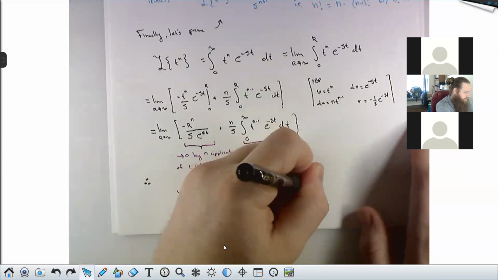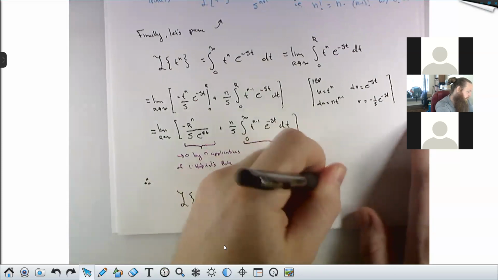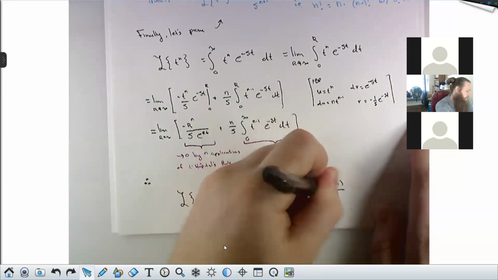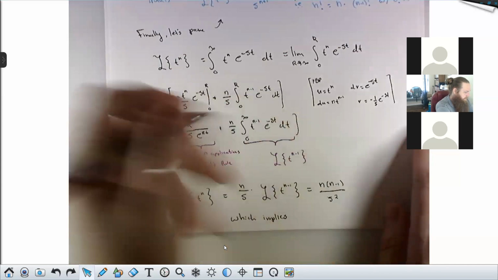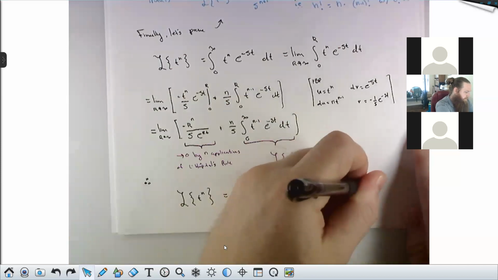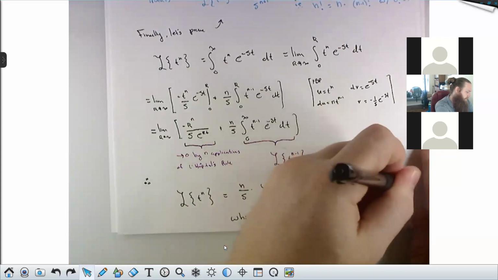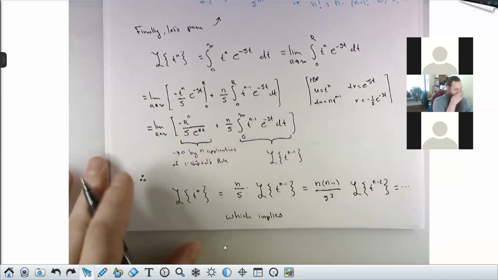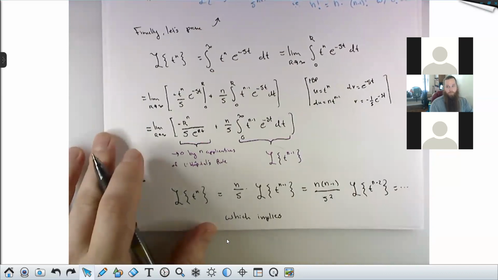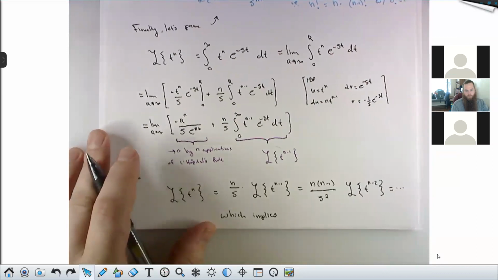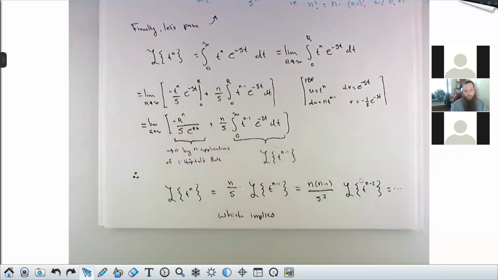So here, this would be n times n minus 1 over s squared times the Laplace transform of t to the n minus 2, and so on. So every time I bring this power of t down by 1 inside the Laplace transform, the old power shows up out here, and we get another copy of s downstairs.